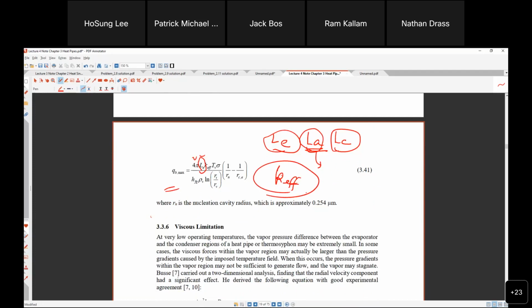You tell me. Your KEF here. Is that the thermal conductivity of the effective length? Yes. So it consists of what and what?